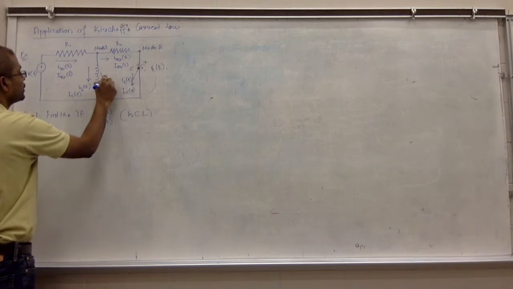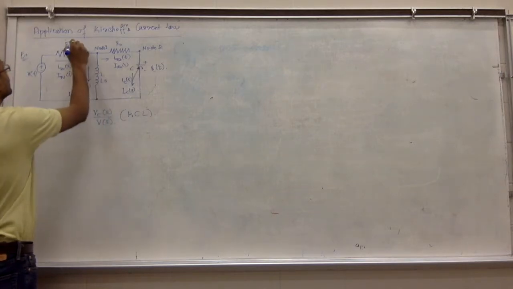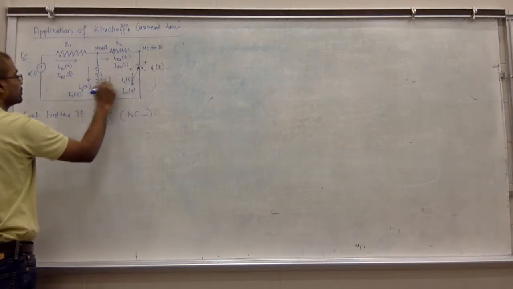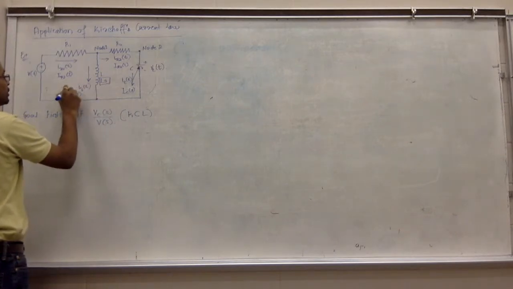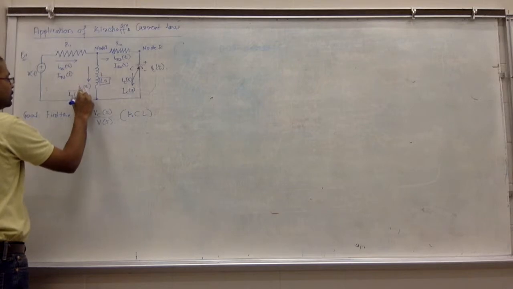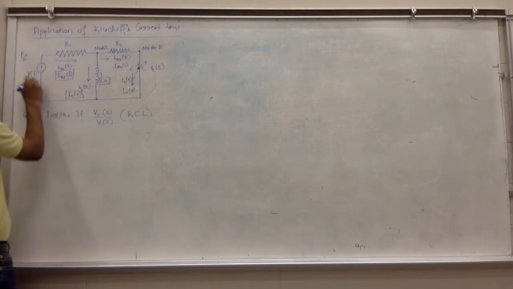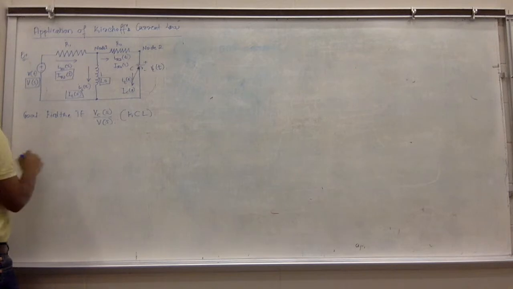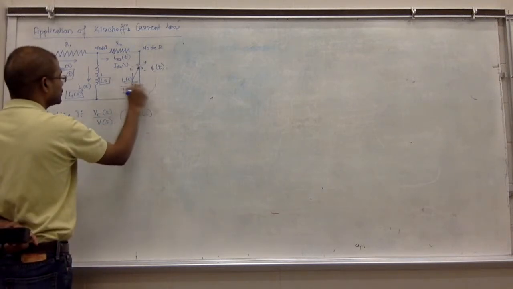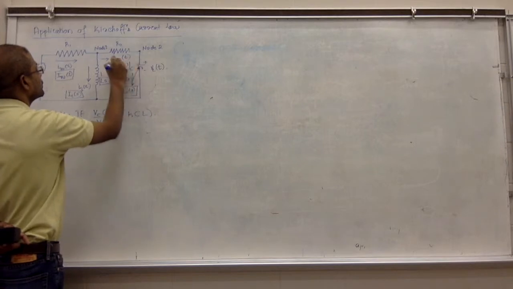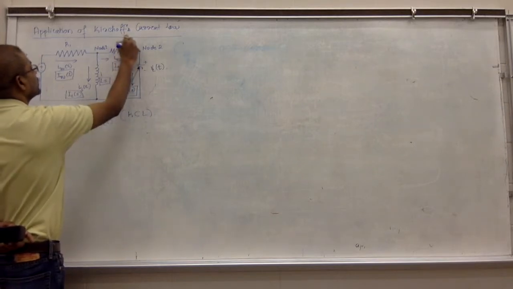The impedance here is Ls. The impedances are in Laplace, and the inputs and outputs are in brackets or in boxes. This is V of S, the input. This is again output.